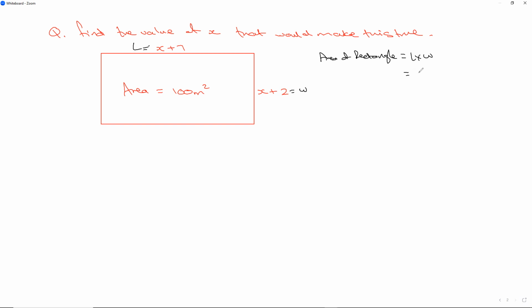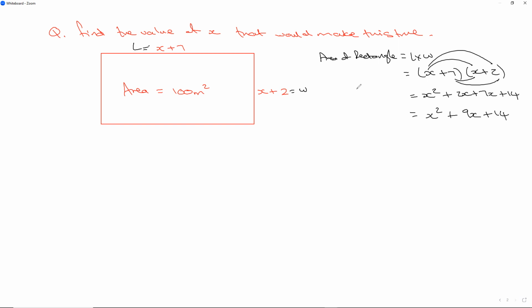So this is going to be x plus 7 multiplied by x plus 2, and it'll become x squared plus 2x plus 7x plus 14, multiplying it out one at a time, getting me a trinomial x squared plus 9x plus 14. But I'm told that the area is 100, so I'm going to put 100 over here like that.